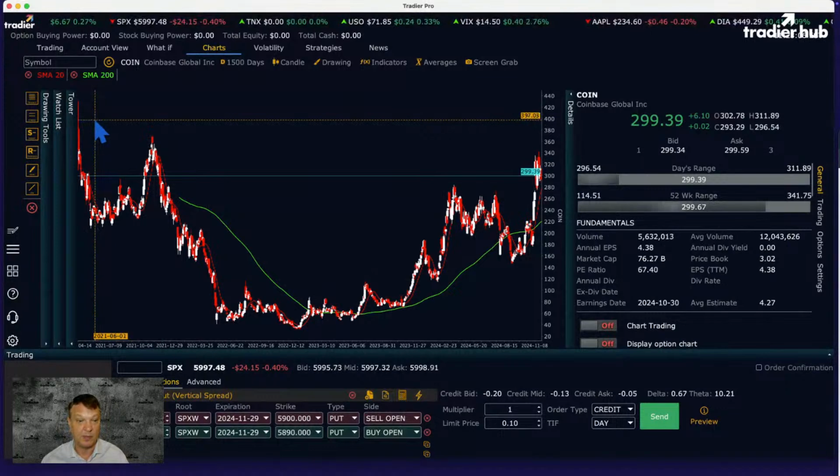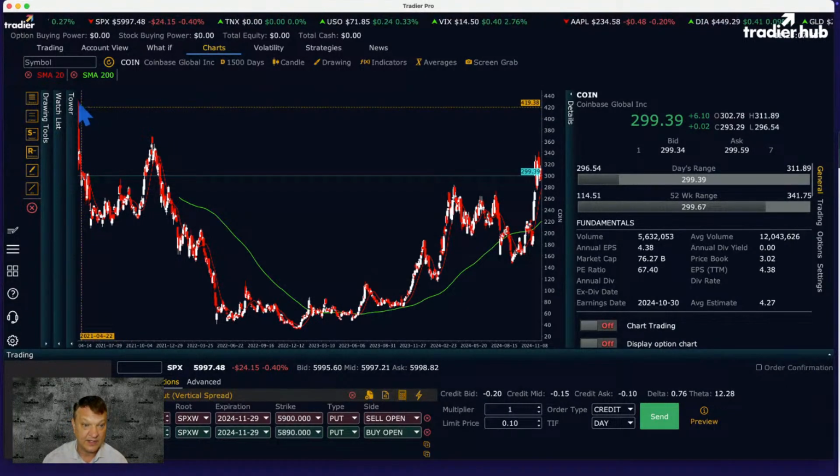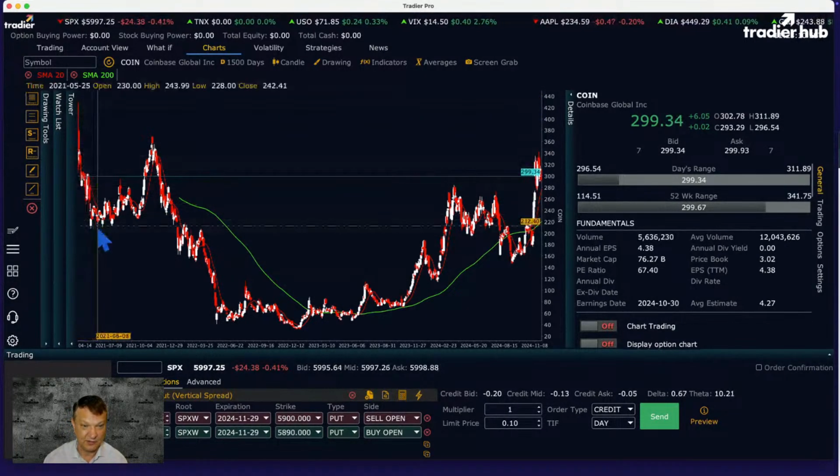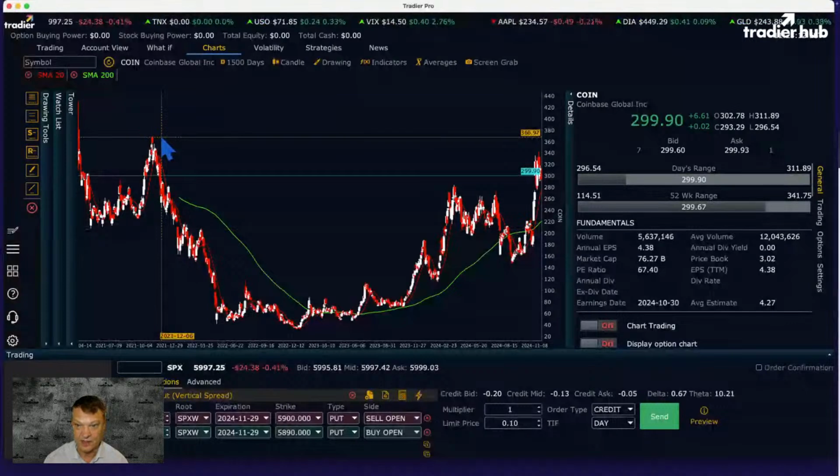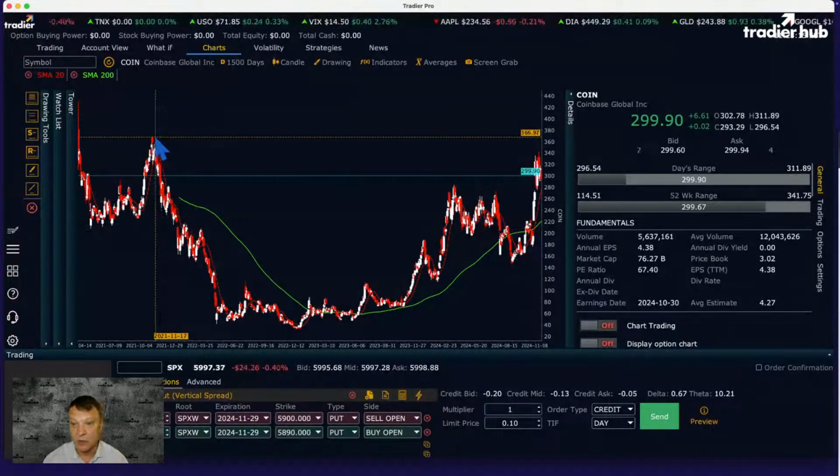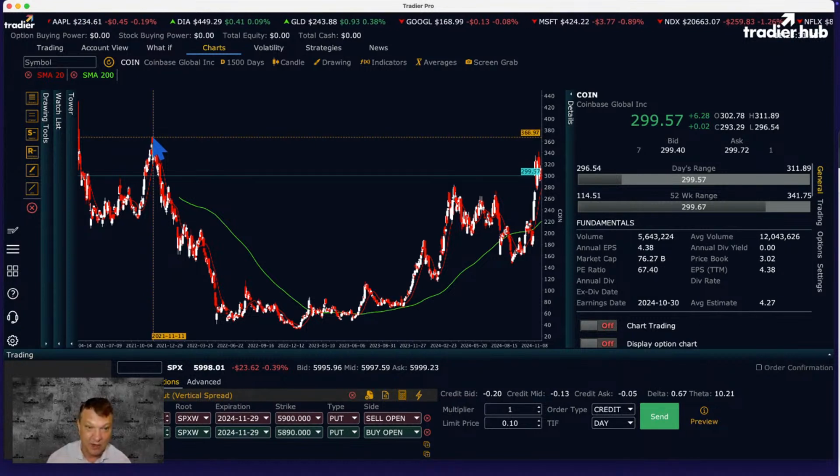They recently went public, and the stock instantly dropped, came all the way back up to this level, and it was looking really good. So we sold the 365, 370, 375 short call spread, targeting this area, thinking that Coinbase can't come up and breach that basically all-time high.